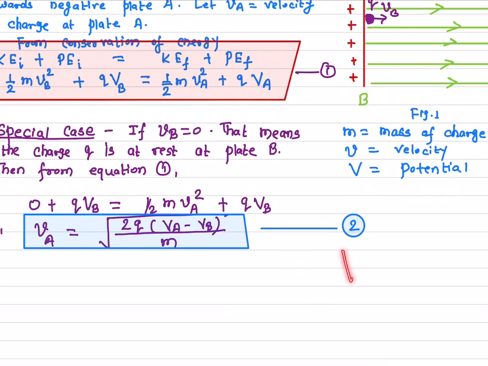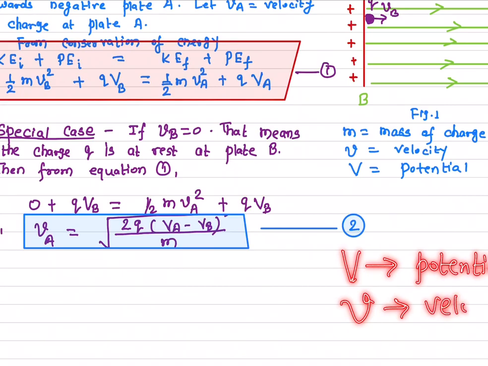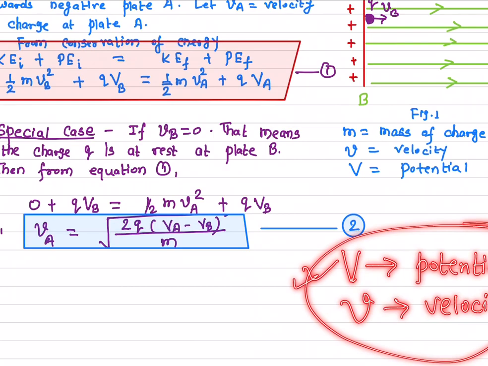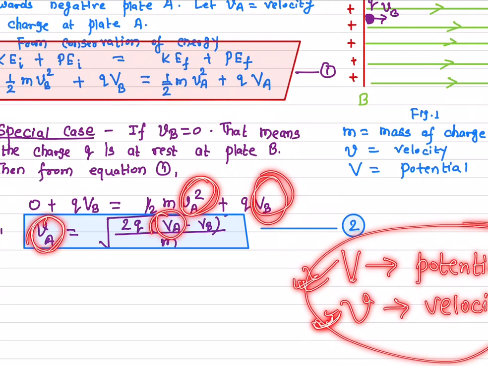If we solve for the velocity, this is the equation we get here. And remember, this straight V stands for the potential, and this italic v stands for the velocity. In all lectures, just remember this. This V stands for the potential, and this v stands for the velocity.